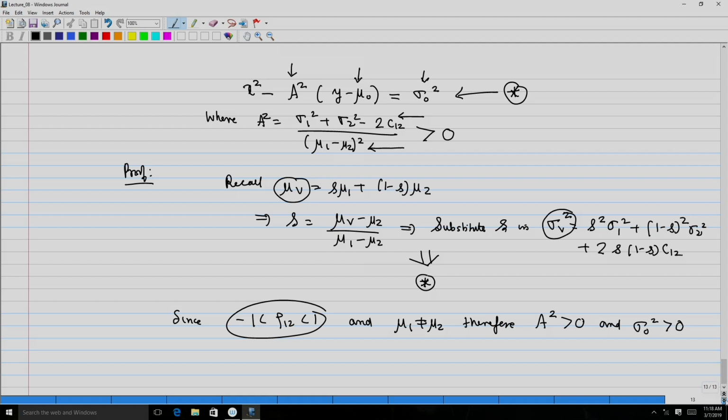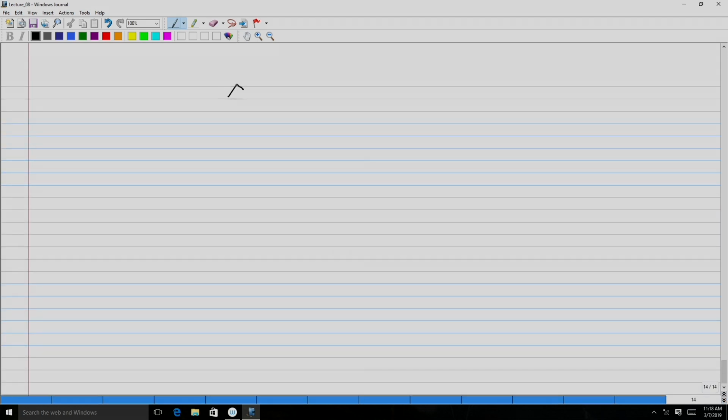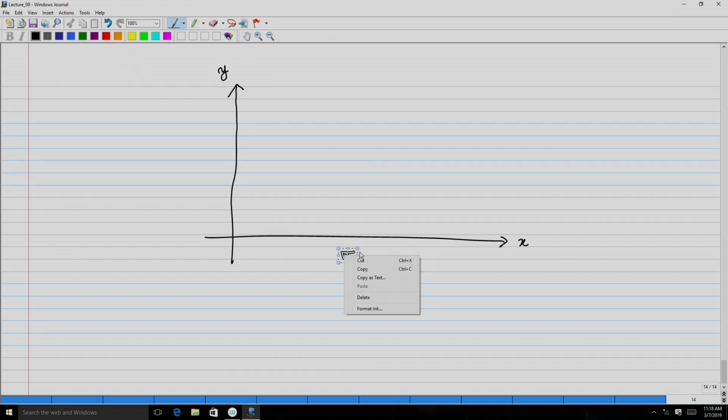So, now graphically this looks as follows. On the x axis we have sigma, remember, this is sigma v, and on the y axis we have mu. Then the shape of the hyperbola will look something like this, and these are the asymptotes of this hyperbola.